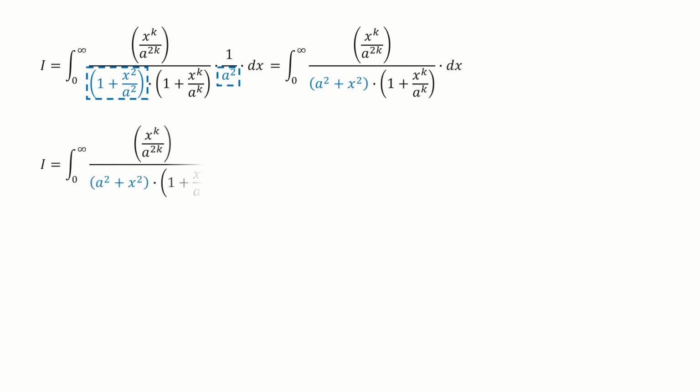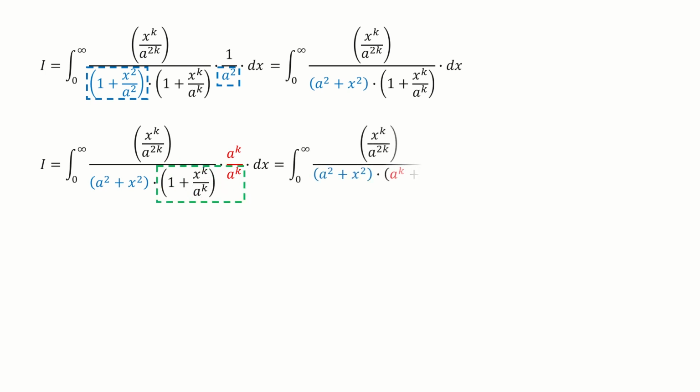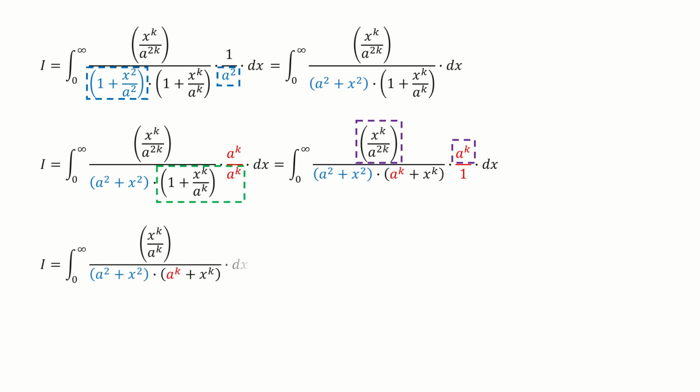And next, we multiply a to the power k to the numerator and the denominator. And then we can simplify this term inside this green box by distributing the a to the power k into the parentheses. And next, we simplify the numerator and cancel out the a to the power k.